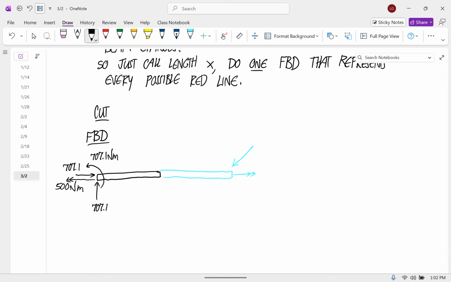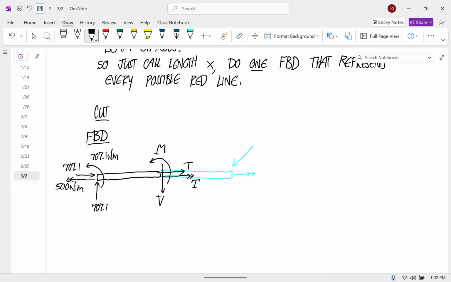So those are the external loads. And then the internal loads, we have T, V, the bending moment M, and then the internal torque, fancy T.